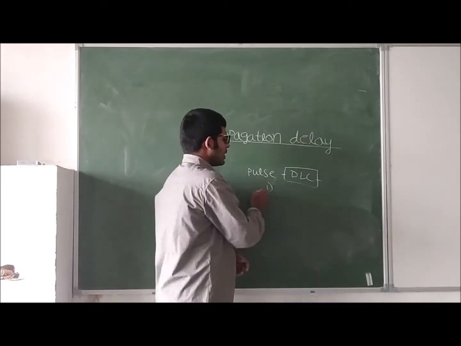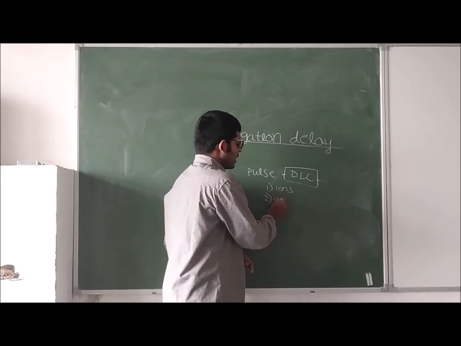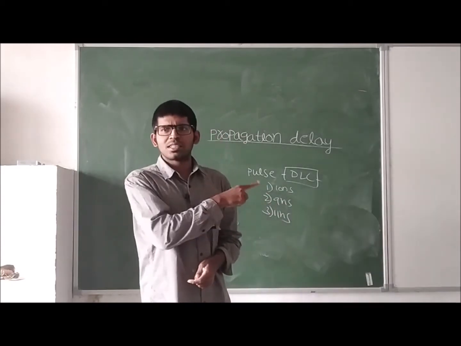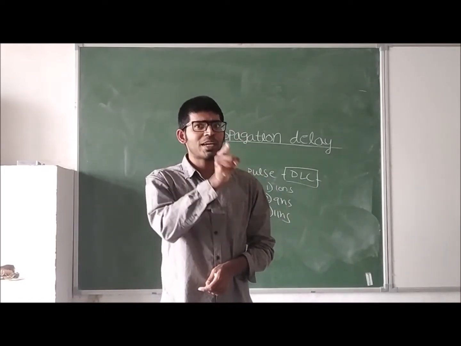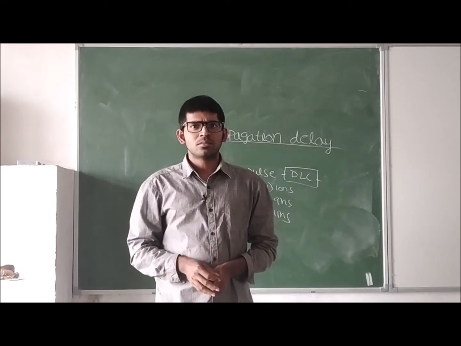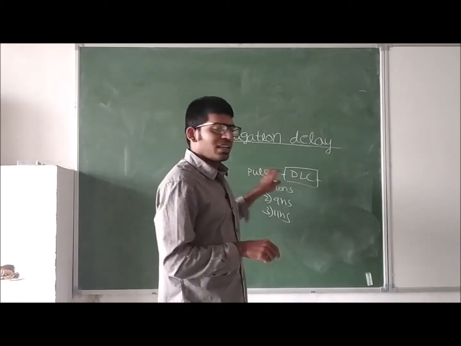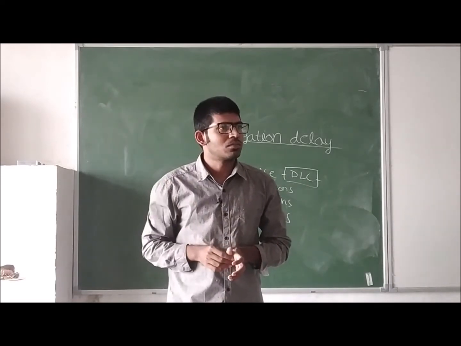Sir, the first time the pulse takes, for example, 10 nanoseconds. Second time 9 nanoseconds, third time 11 nanoseconds. Okay, what is the mean? 10 plus 11 plus 9 divided by 3. That is the propagation delay. When we go to the manufacturer, whenever he gives this IC, he will specify the propagation delay of this.